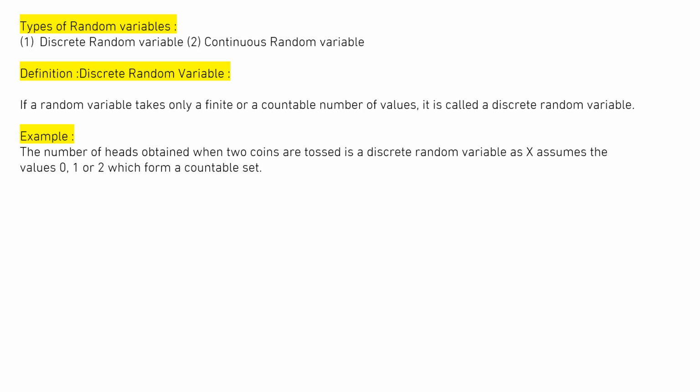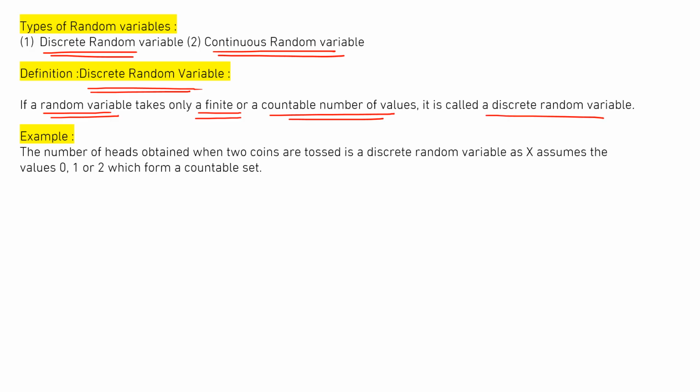One is called a discrete random variable. The other one is called a continuous random variable. In this particular PowerPoint, we are focusing only on discrete random variables. So what is a discrete random variable? If a random variable takes only a finite or countable number of values, then we call it a discrete random variable.